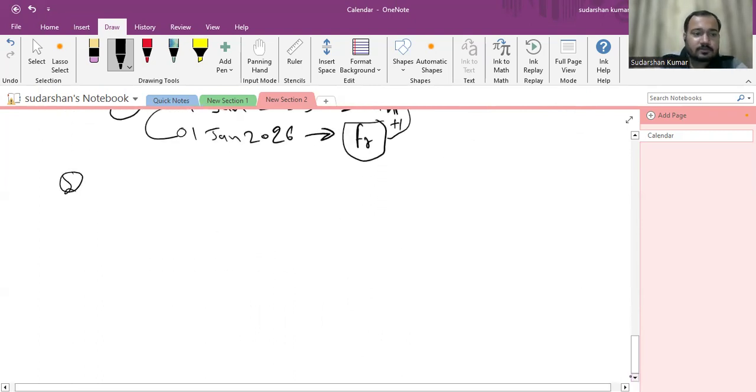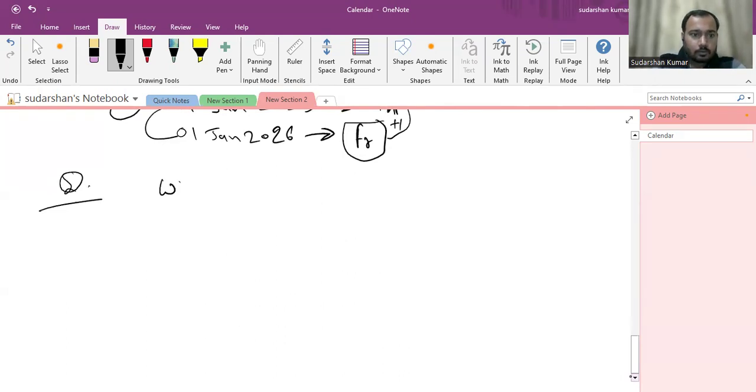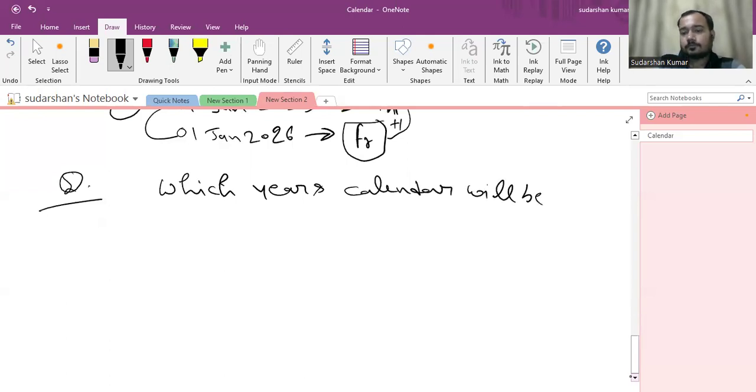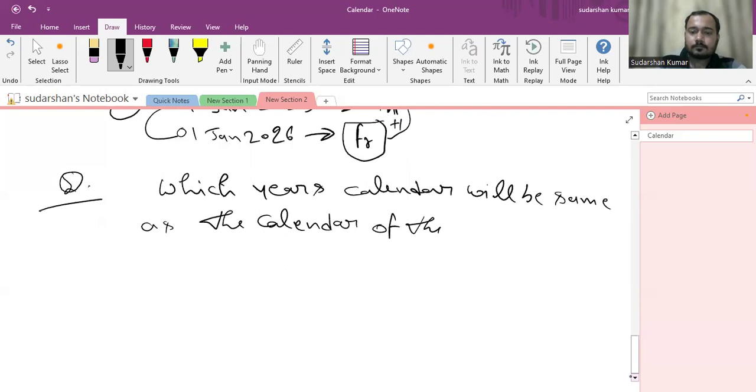The question is, which year's calendar will be same as the calendar of the year 2023?